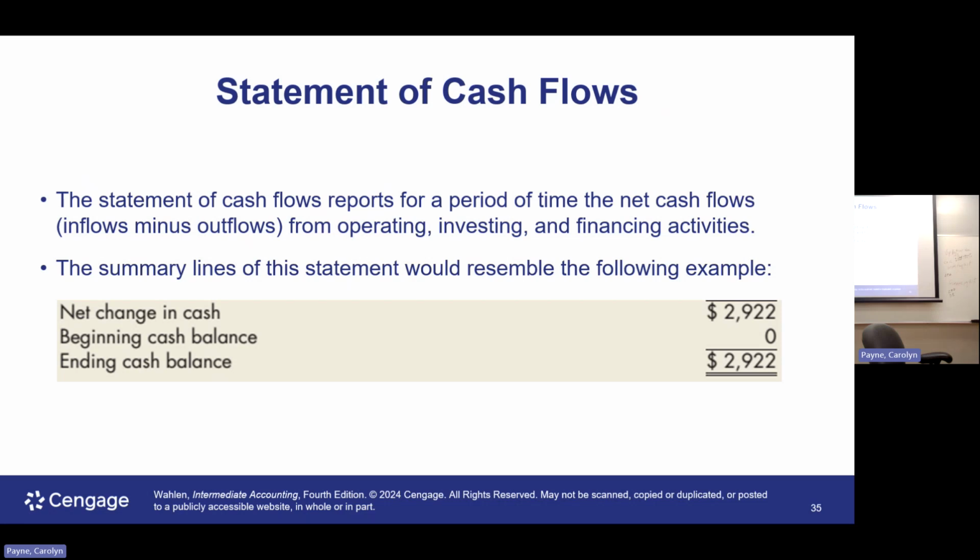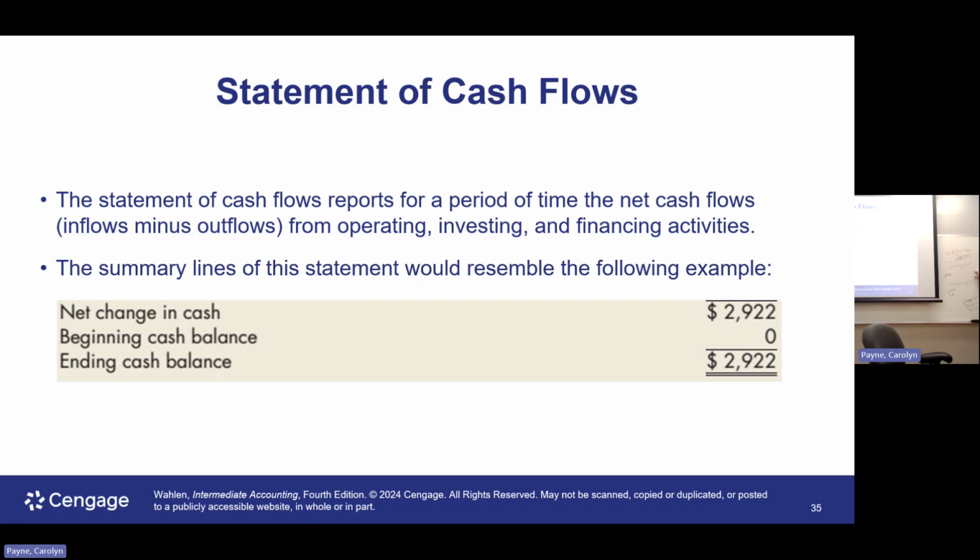And you end up with your change in cash, whether it went up or went down during the period, and then you add in your beginning cash, and that gives you your ending cash, which balances to your balance sheet.